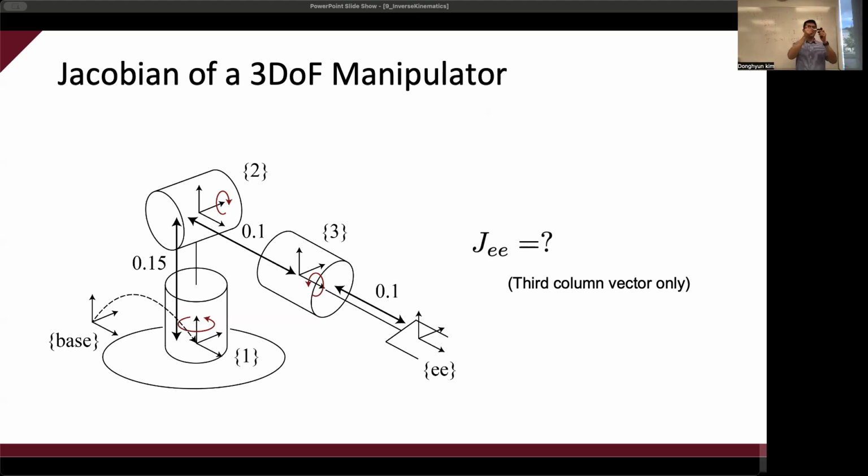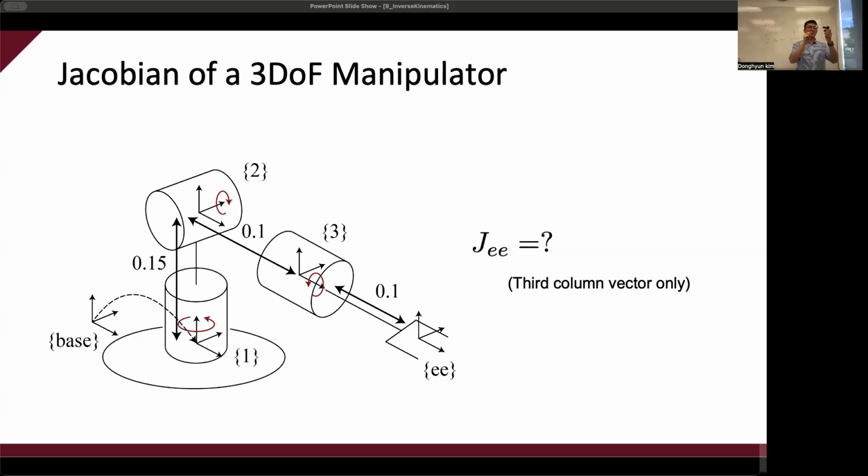At this zero posture. It's a bit confusing because if the roll is 90 degrees, then the same movement makes x directional movement instead of y directional movement.